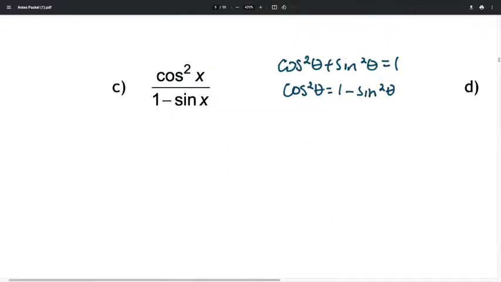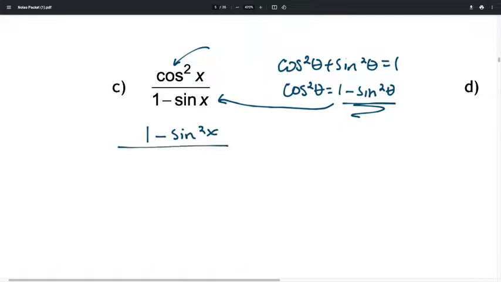Okay, on this next one, I'm going to replace this cosine squared with this right here because it looks very similar to that right there. So cosine squared is the same thing as 1 minus sine squared x over 1 minus sine x. And then remember, this is a difference of squares.